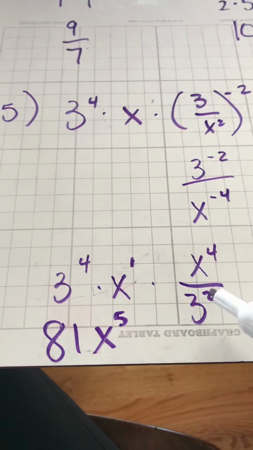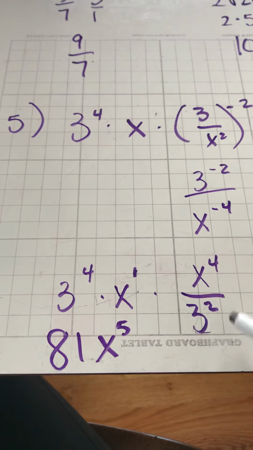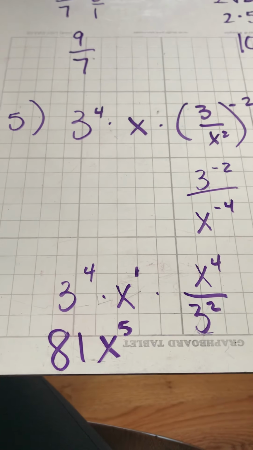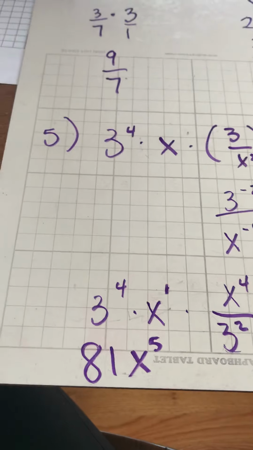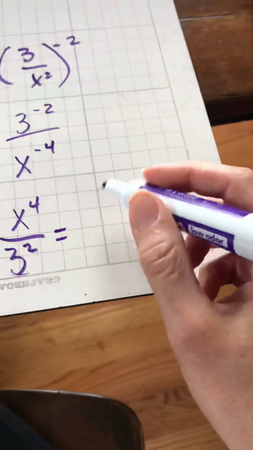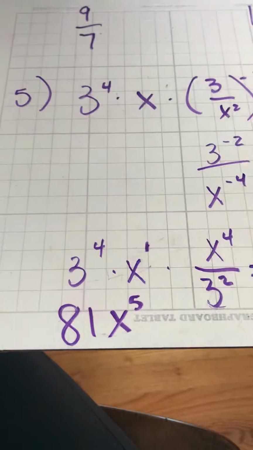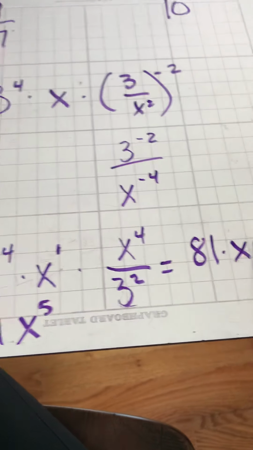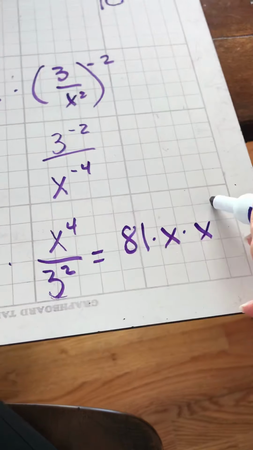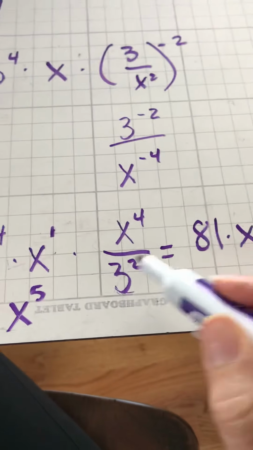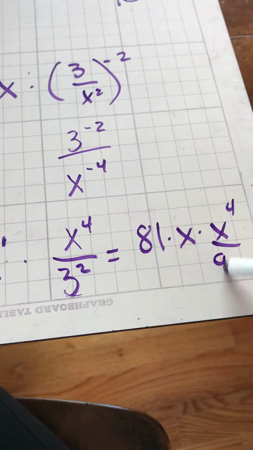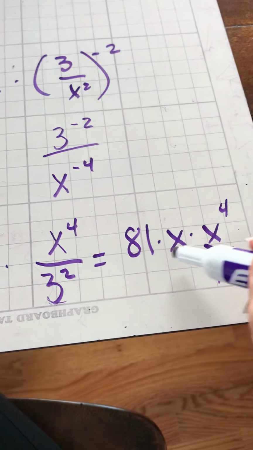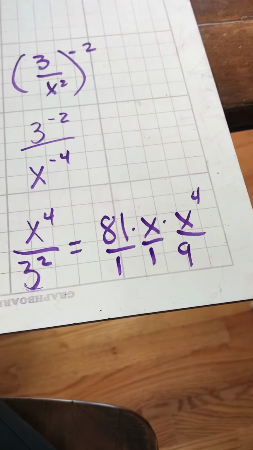And we can simplify this denominator. It's 3 squared. I'm actually going to write it over here just to show you that 3 to the 4th was 81. We had the x, and then we had times x to the 4th. So I'm going to simplify this right here to be 9. So we can think of this all as fractions.